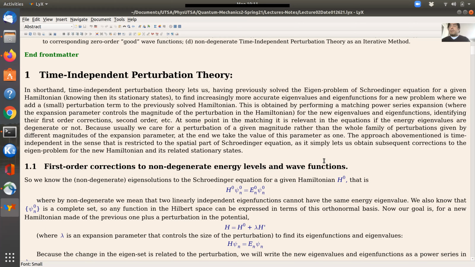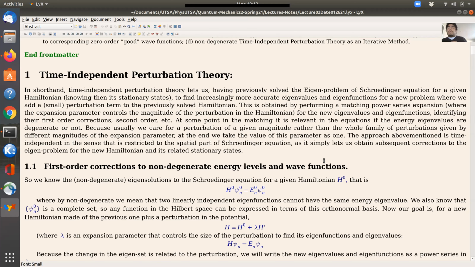And so what is time-independent perturbation theory? You may have actually seen a technique like this in either an engineering course or perhaps some sort of fluid mechanics course. But in the context of quantum mechanics, let's say that you know the solution of an eigenproblem of Schrodinger's equation for a simple problem, like say the harmonic oscillator or some other simple system.